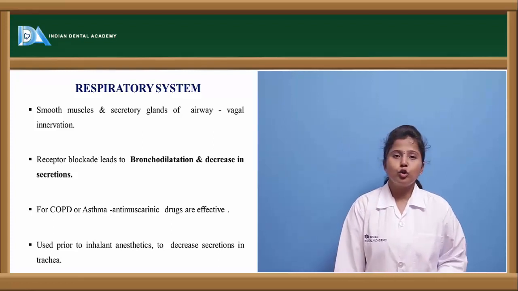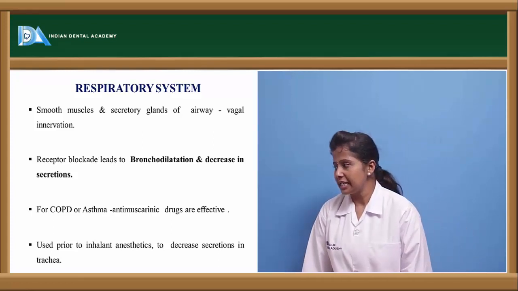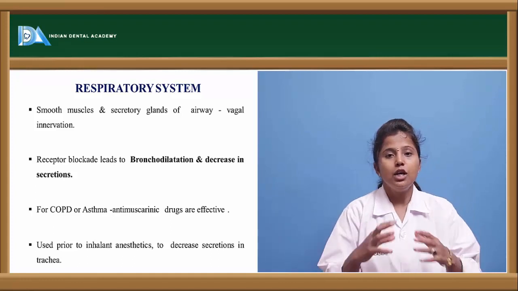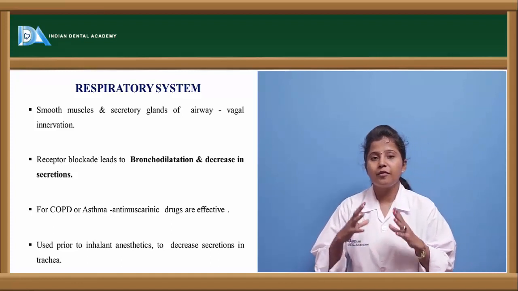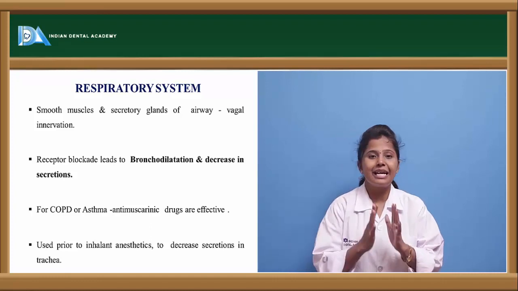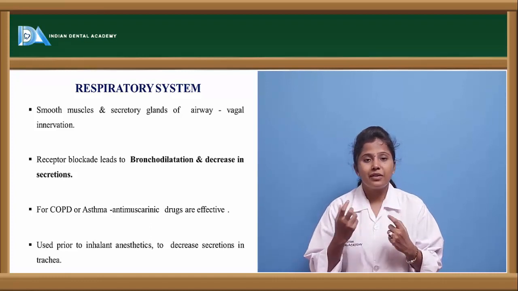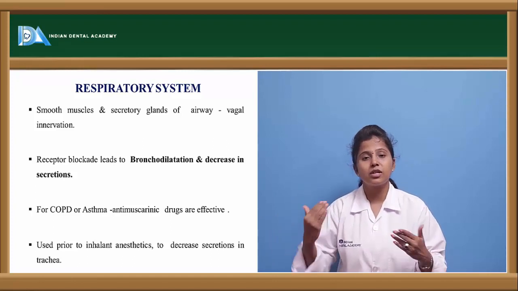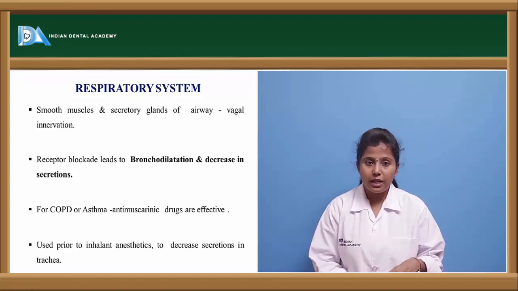They are also used prior to inhalant anesthetics to decrease the secretions in the trachea. So before surgery, if we are giving inhalant anesthetics to the patients, these drugs are mostly recommended because they decrease the secretions of the trachea.